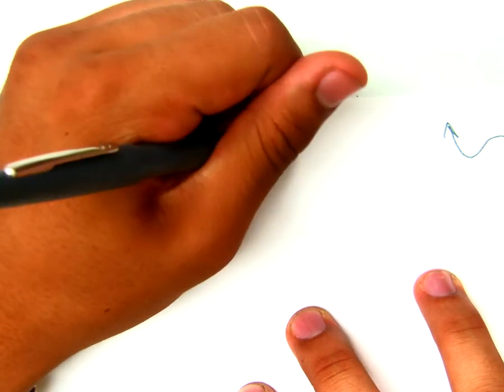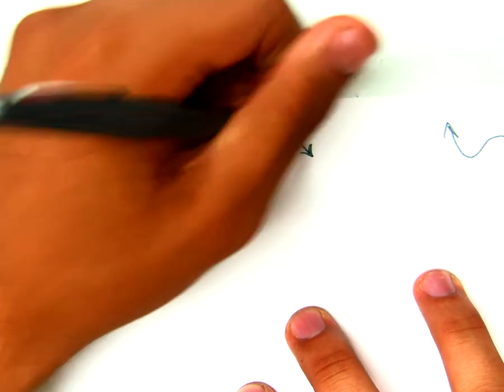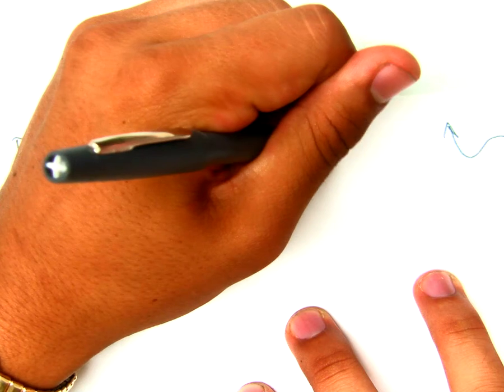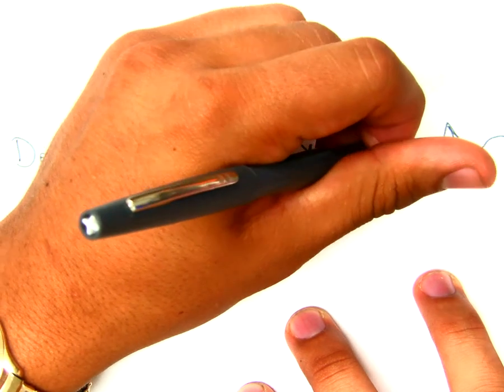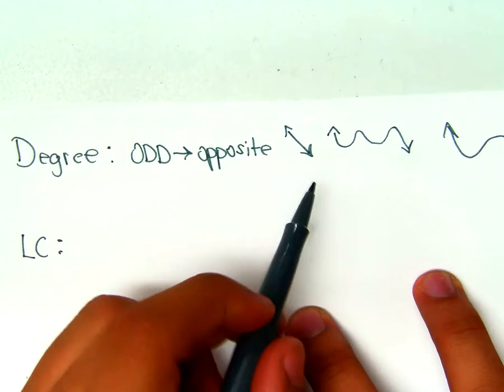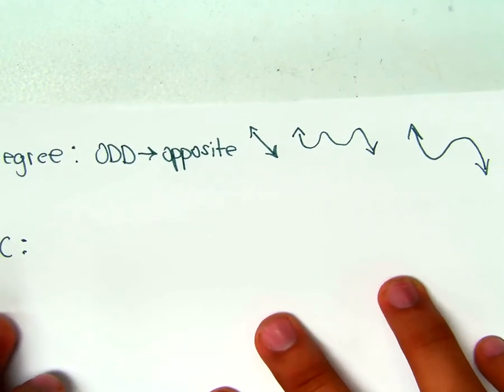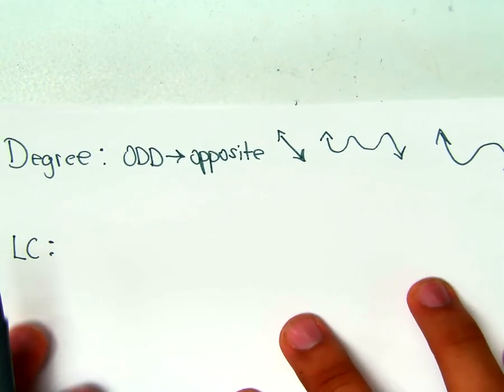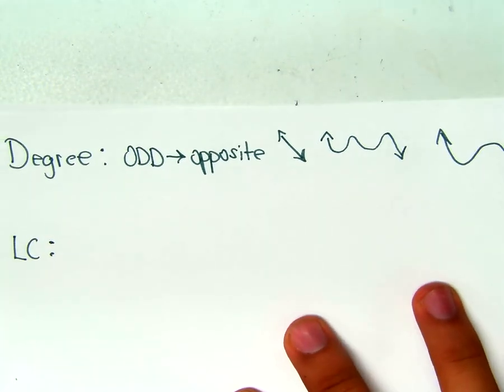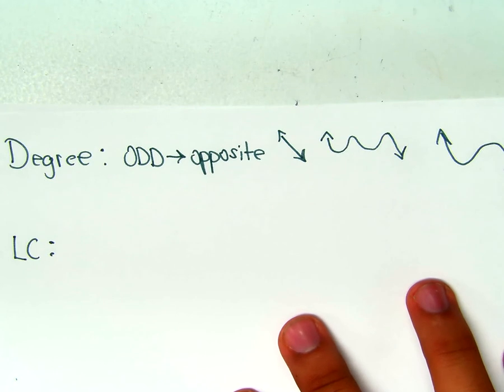Our functions will end opposite of each other. So all three of these end opposite of each other. Does that make sense? Okay?